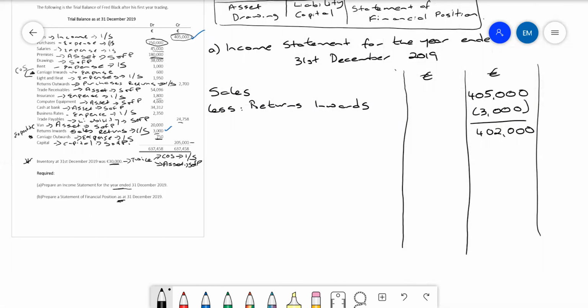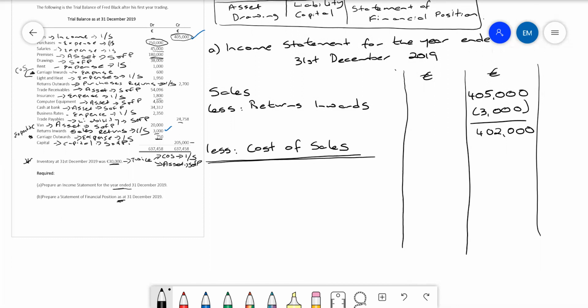The next heading on an income statement is the cost of sales figure, or the cost of goods sold, and that goes in as a heading. So we go less cost of sales. Less cost of sales or less cost of goods sold, exactly the same thing. So that is a heading within our income statement.